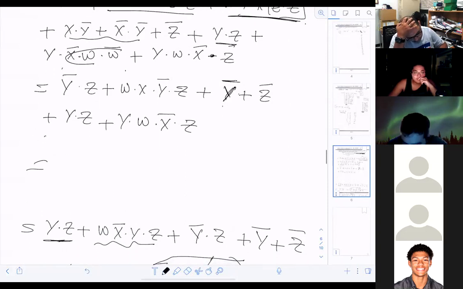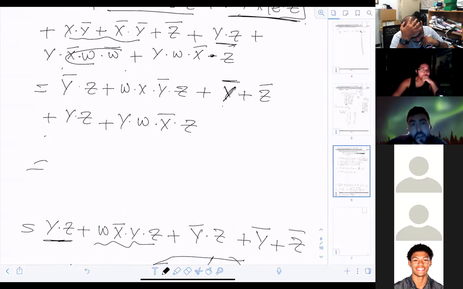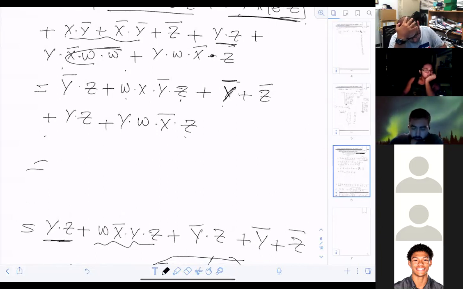Now we need further optimization. So let's see what we can do as an optimization. Those two guys are Z. Do you agree? Yes.